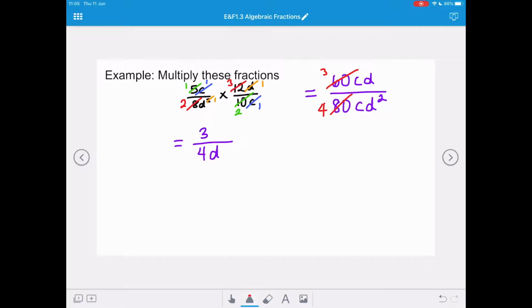Our c's would have cancelled out. And again, we've got a d and a d squared, which would have ended up as 1 over d. And then we would have multiplied the numerators and the denominators in order to get our simplified fraction, which would have been 3 over 4d, which is the same answer.